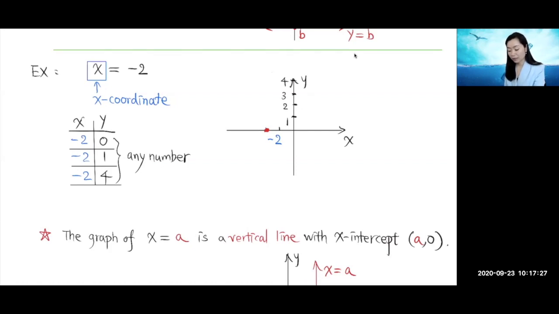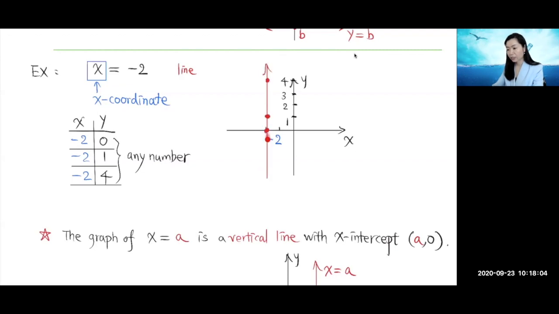Now notice that this is a linear equation. So the graph of it is going to be a straight line. So actually we only need 2 points, but we just pick a third point here as a check. So let's plug in those points. We have (-2, 0) here, (-2, 1) over here, and (-2, 4) over here.